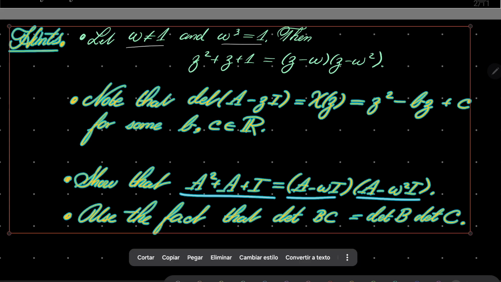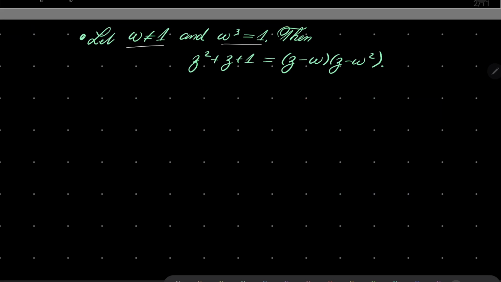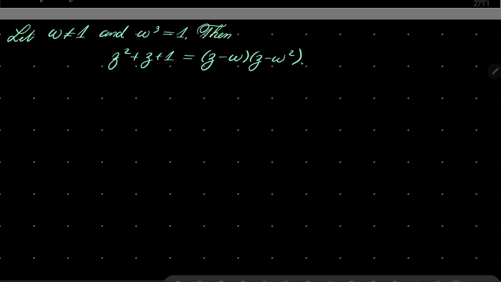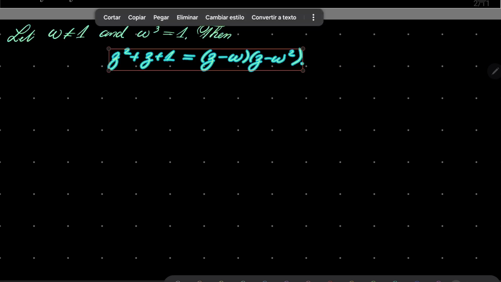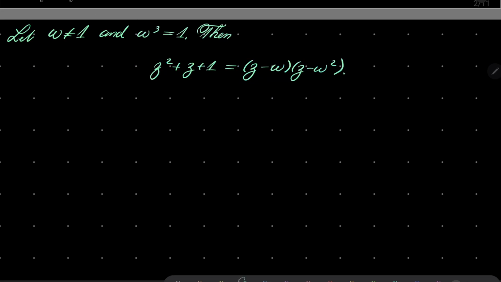Alright, so maybe let's start with this fact, that if I have a primitive cube root of unity, then z squared plus z plus 1 can be factorized in this way. Well, this should be obvious, but let's prove this little thing. Let's write it as a claim.